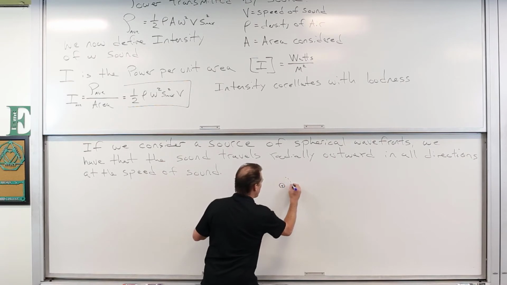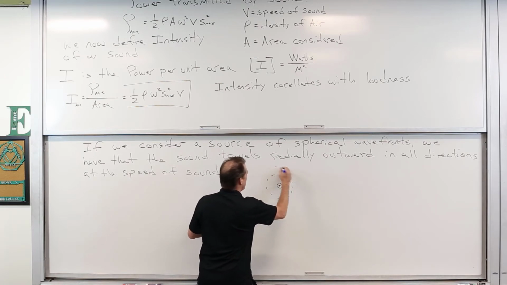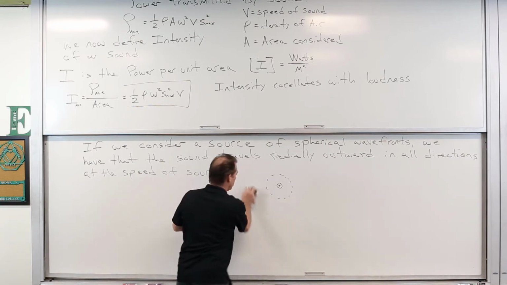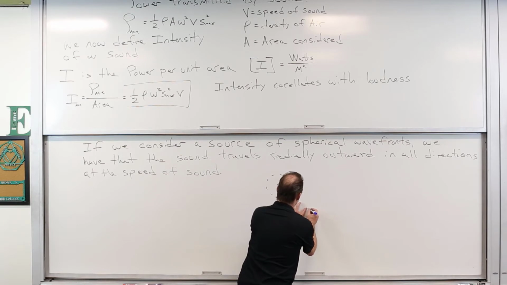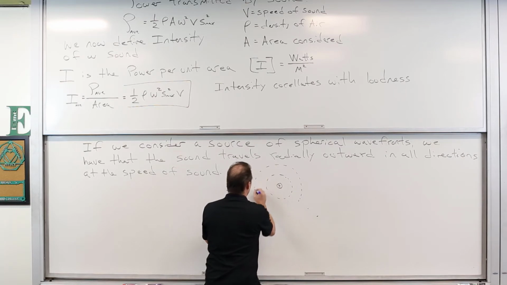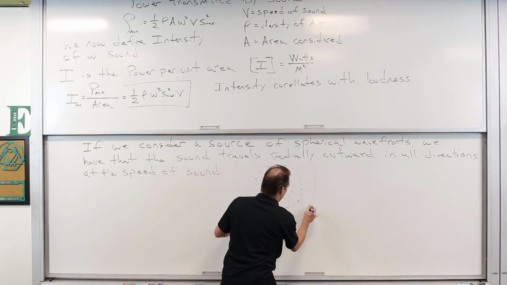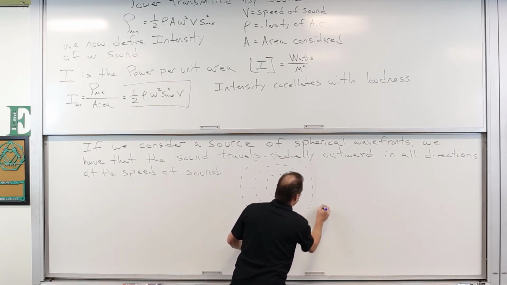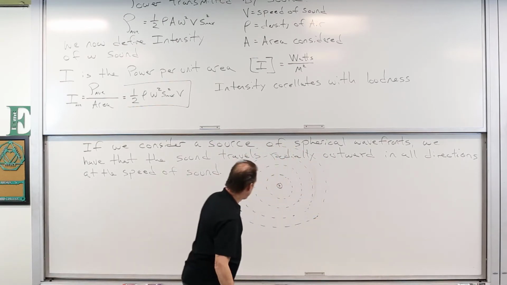And around this source, we could sort of draw out wavefronts. Let me draw a circle first, then put the source there. Harder than it seems for me to draw a circle. Okay, so what's the deal with this?